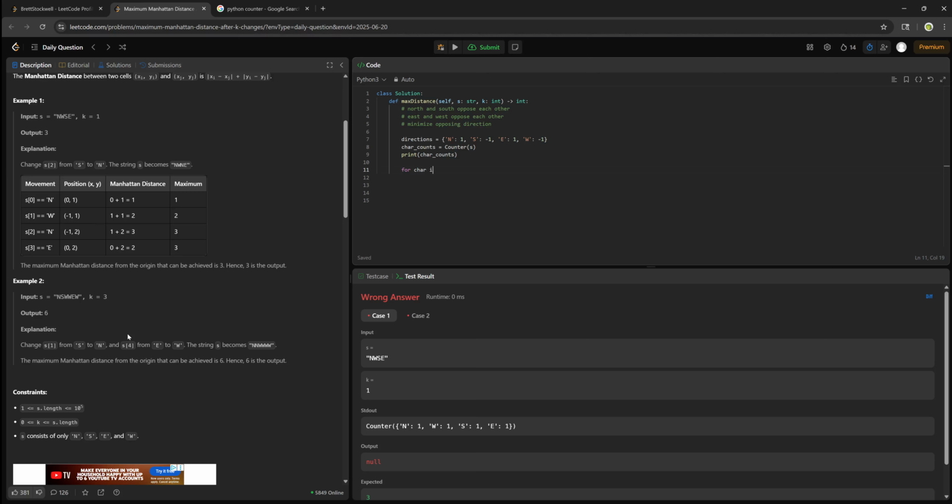So what if we, for character in string, instead of using this counter, I think we actually want a counter that we make ourselves, just so we can update it as we go through the string.